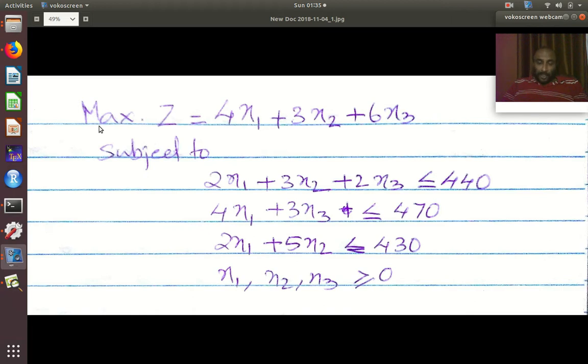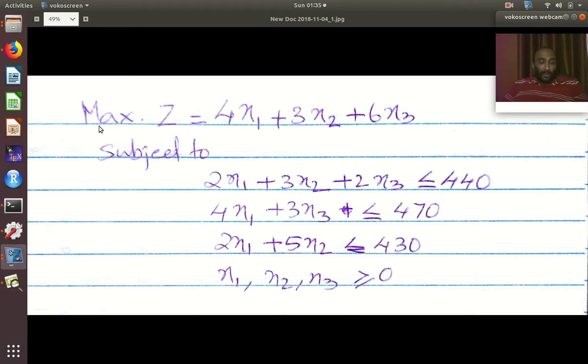In the simplex method you have to write this in the standard form, in which all the right hand side of the conditions has to be positive, there will be no inequalities in the constraints, and you will always have a maximization function. So first we need to check whether this is a maximization function or not. This question is obviously to maximize z, so there's no issue with that.